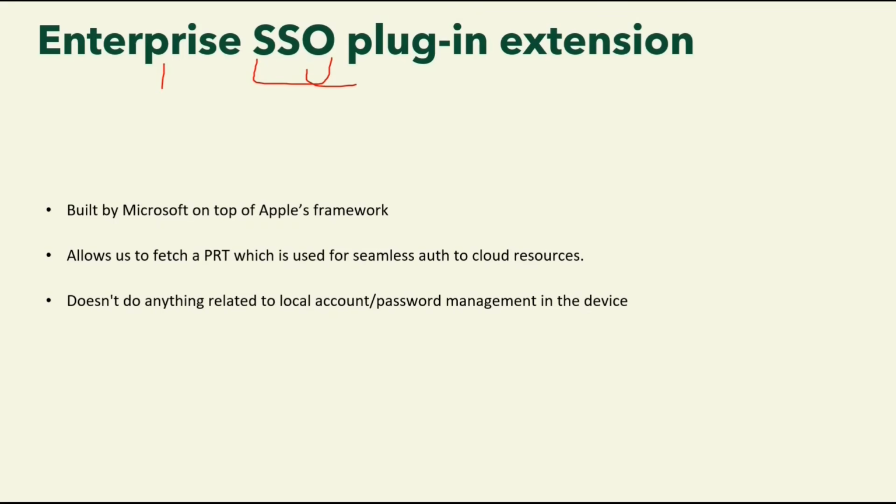Okay, so once the user is signed into the device, we can broker all the future authentication using a module that is built into the SSO extension application, which in this case is the Company Portal app, so that the user has the best experience and doesn't have to enter his username and password every time.